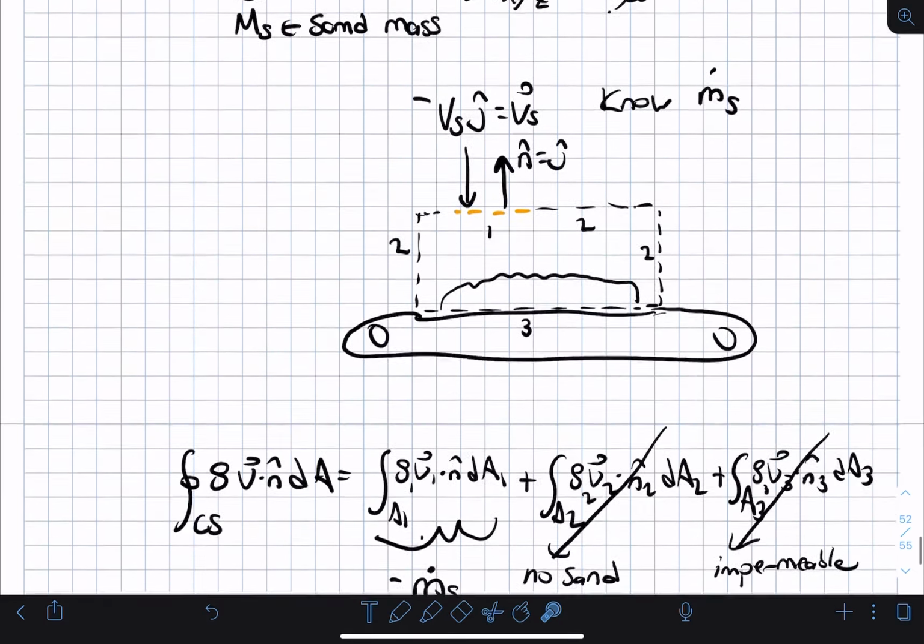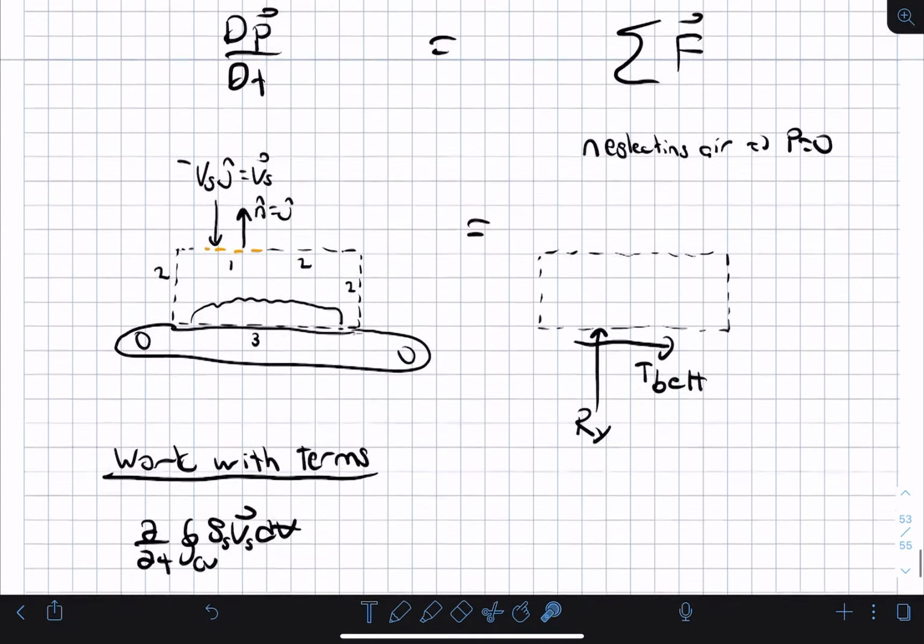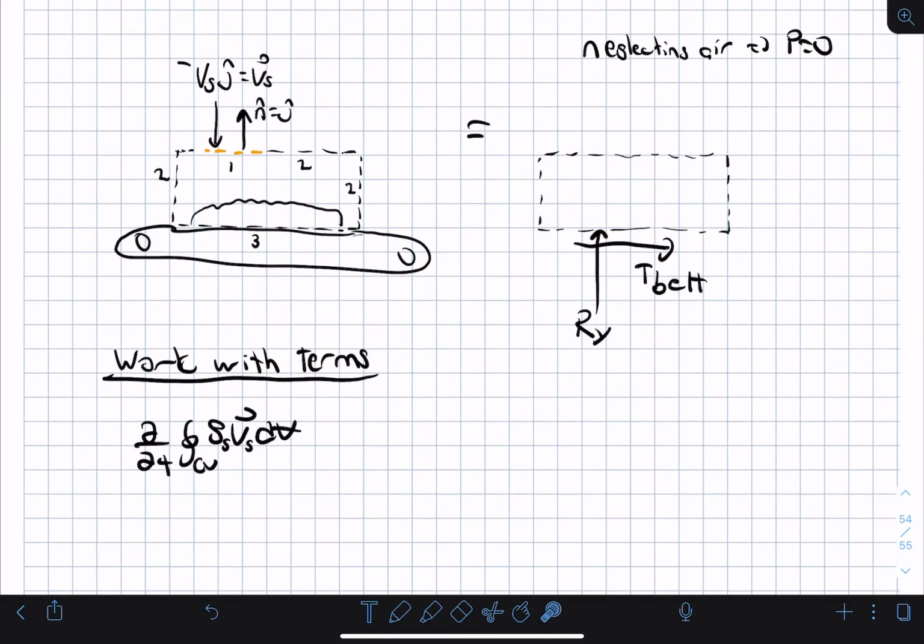Okay, so this basically means that any sand that is falling through the surface will eventually reach the bottom and then move to the right. So basically we can assume that essentially all of the sand mass that is inside of the control volume is moving to the right at velocity V belt. Okay, and so that is based on our assumption.